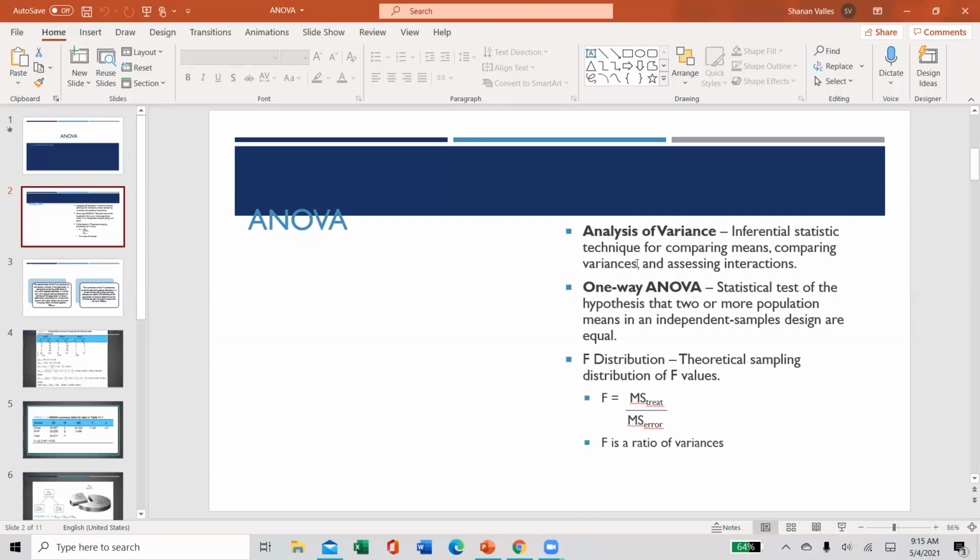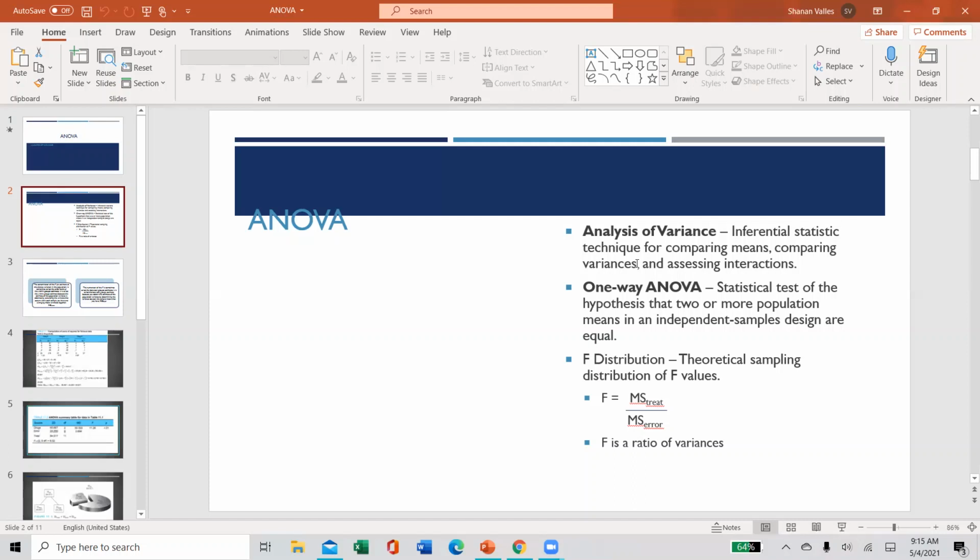Now in the Z-test, we were given the population standard deviation. In the t-tests, we would estimate the population standard deviation, and then we would calculate a standard error.